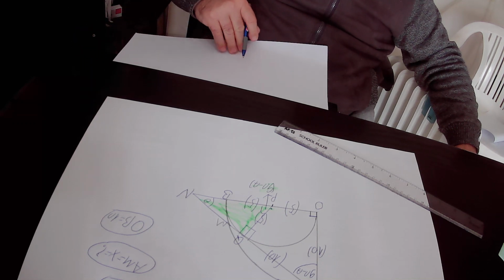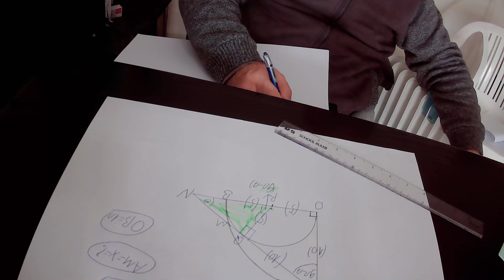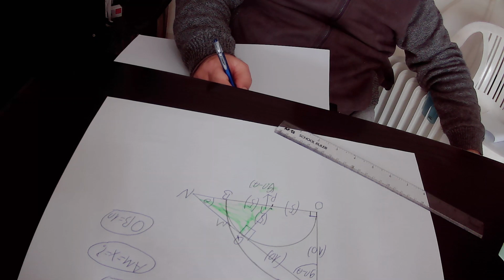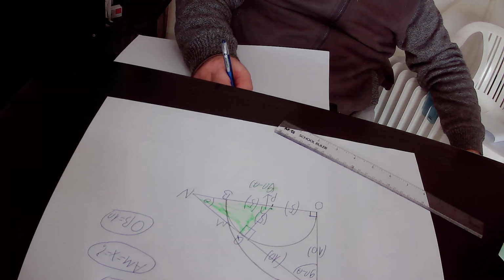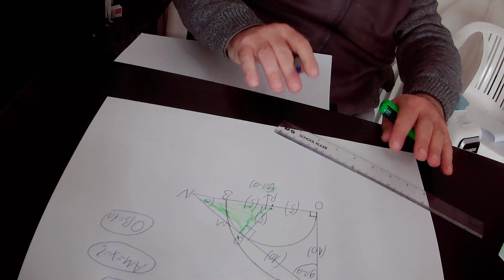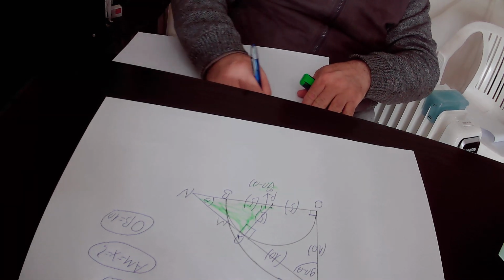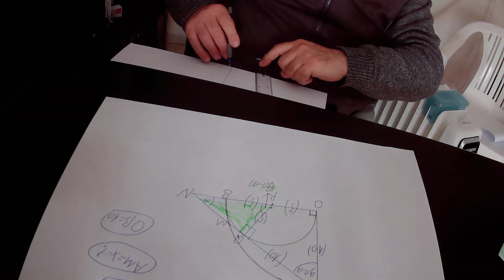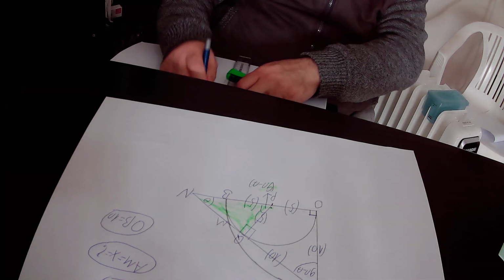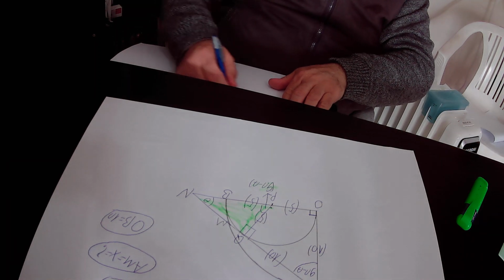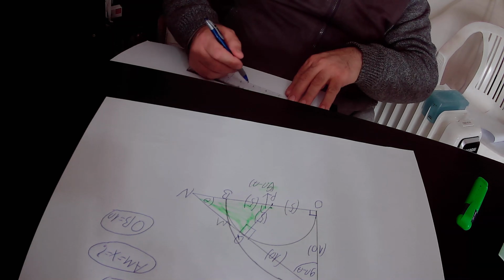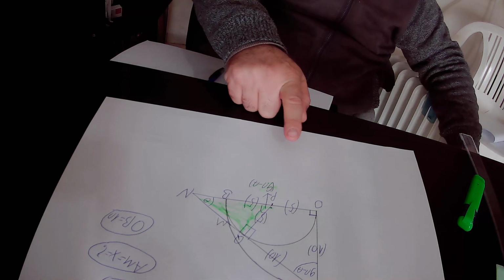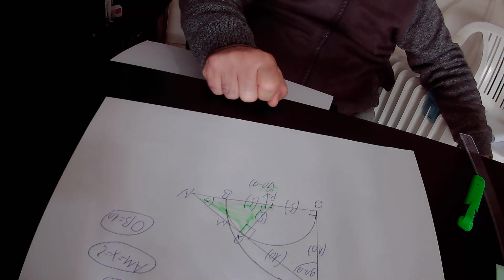The right big triangle, triangle AON is similar to the right green triangle, triangle QPN.